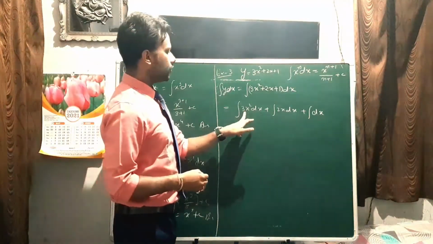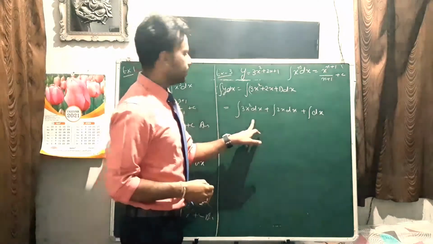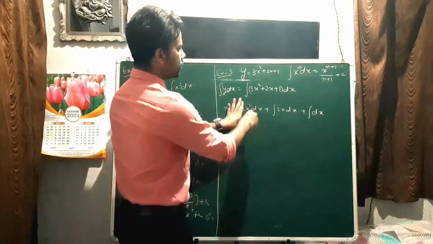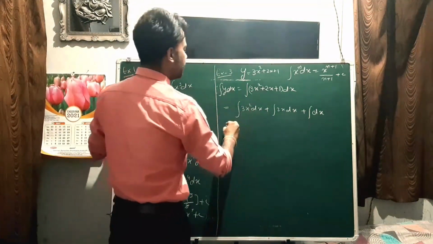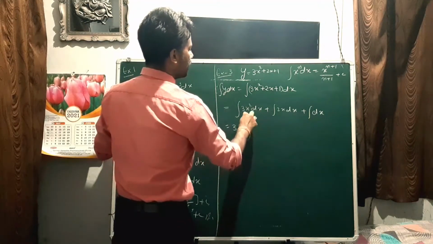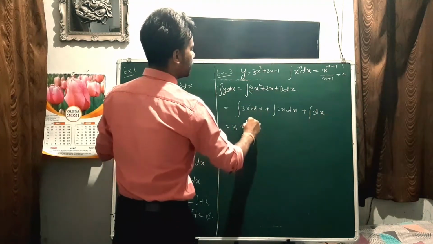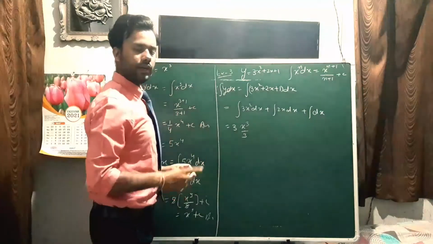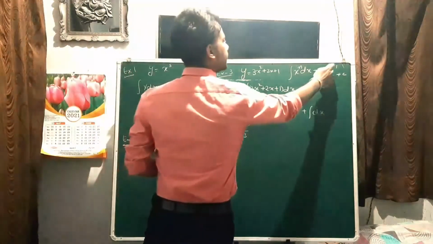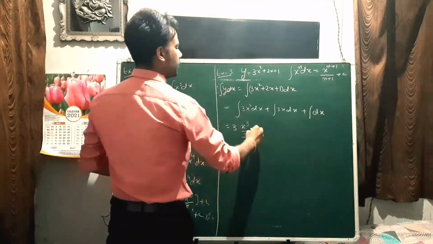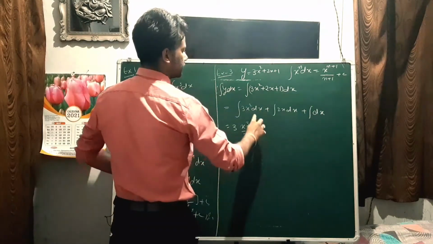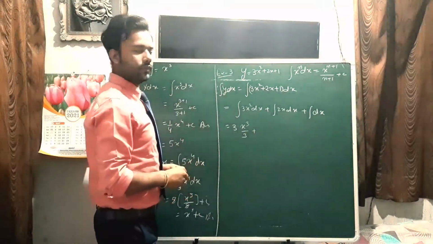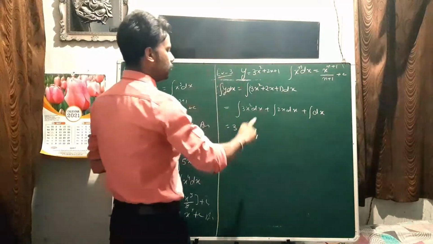Now you can say these 3 and 2 are in multiplication, are constants. So integration will be done of x square. So what will be integration of x square? That will be 3 common and x cube by 3, right? Using x to the power n plus 1 upon n plus 1, and plus c also, right? So I will take c outside.